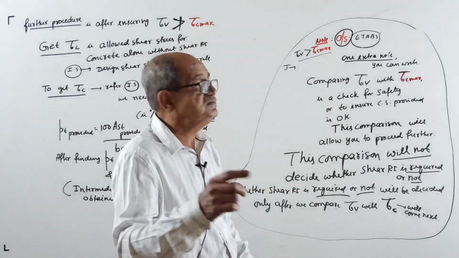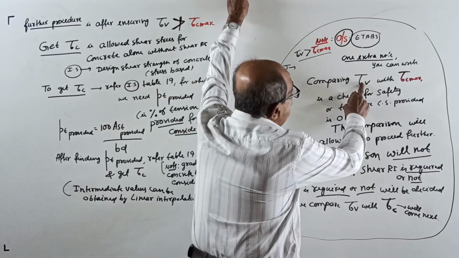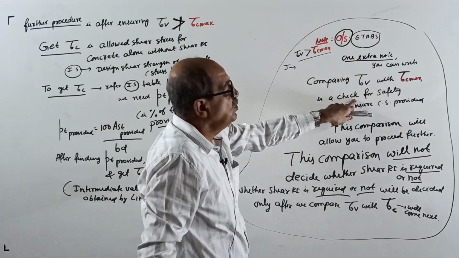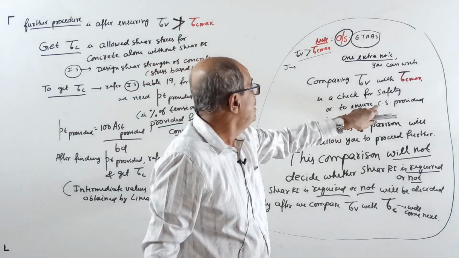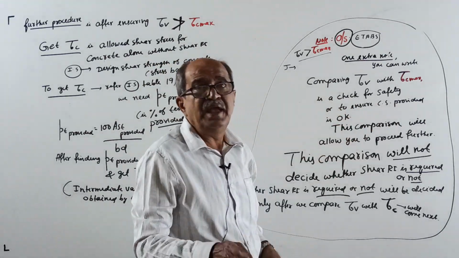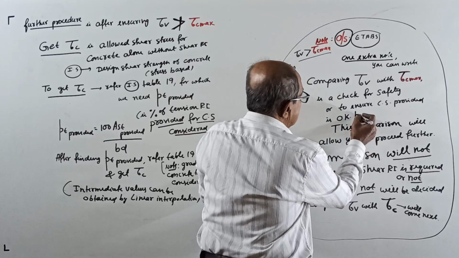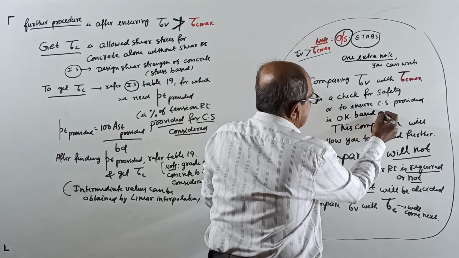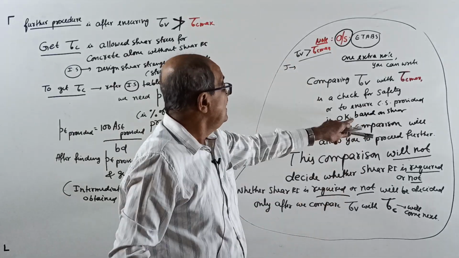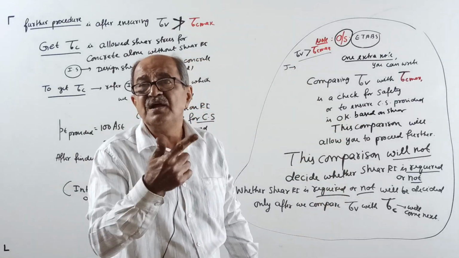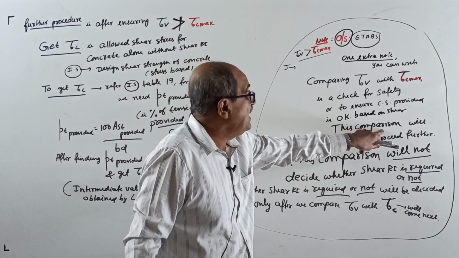Now, one note. Comparing tau v with tau c maximum is only a check for safety, to ensure the cross section provided is okay based on shear. You can write, it is a permission to proceed further.